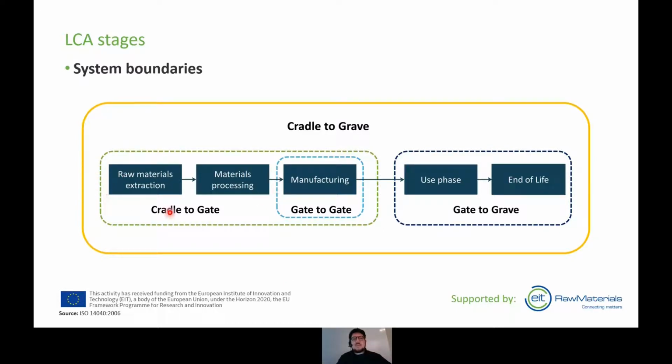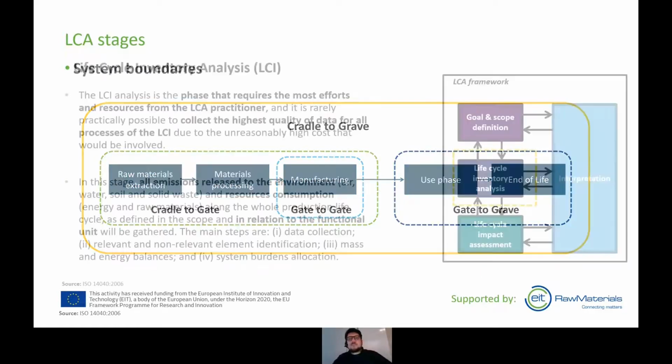Or, in cases where the use phase is not representing the highest impacts, or has similar impacts because the use phase will be really the same, we can focus on what is called cradle to gate. There we go from the extraction of the materials until the manufacturing, and here we have the final product, but we don't look into the use phase. Or we can even extend until the end of life, where we can model different end of life scenarios, such as landfilling, incineration, or even recycling and reusing of the material. So these are the system boundaries that we can take into account.